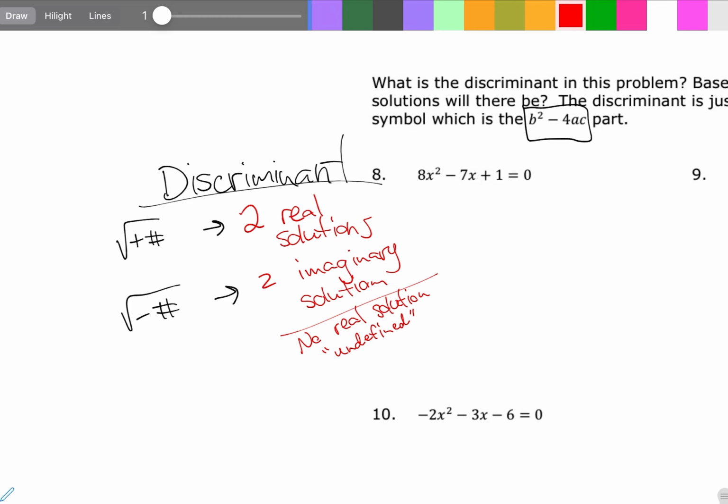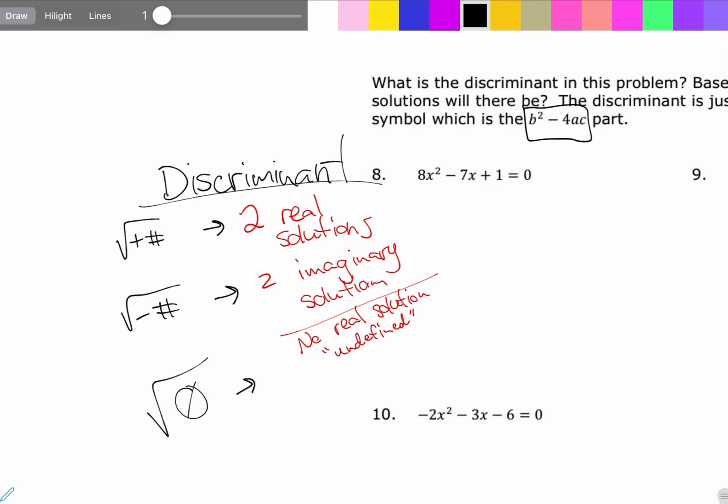All right, when you do your investigative work, you'll see undefined. And last but not least, if your square root is equal to 0, you'll just have one solution. One real solution.